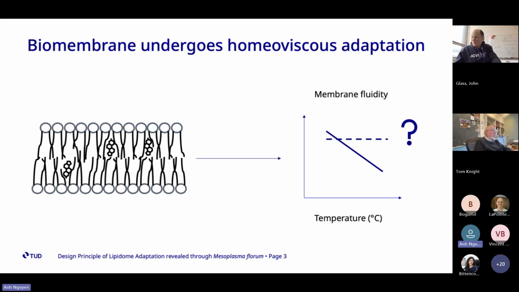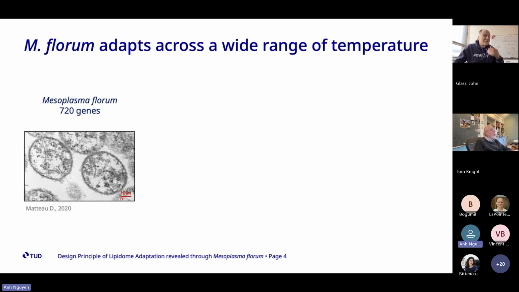And the way they do it is by changing the composition of their membrane lipidome when they go from temperature to temperature. This mechanism is a universal phenomenon and is also available in Mesoplasma florum.